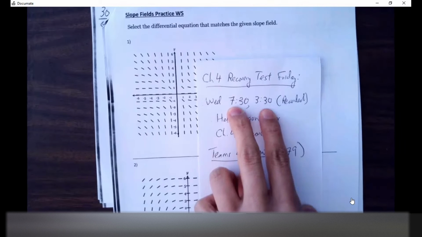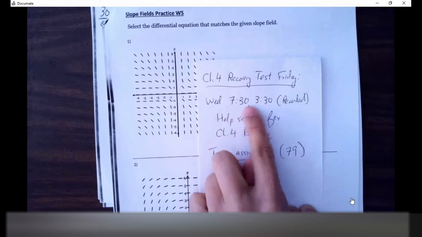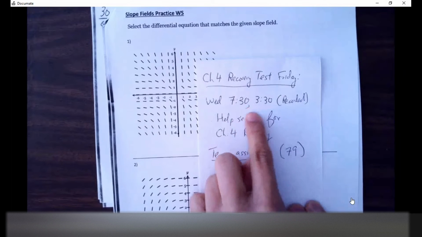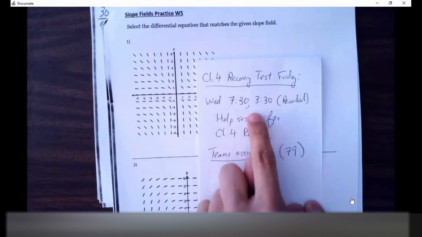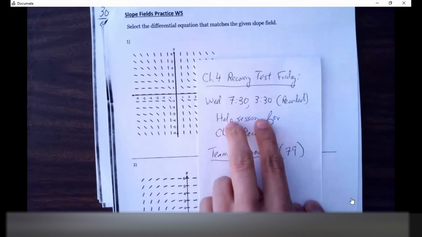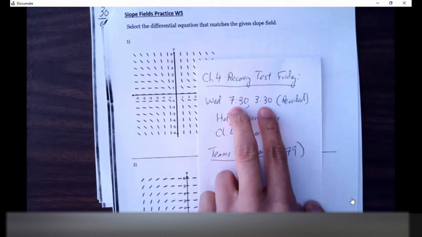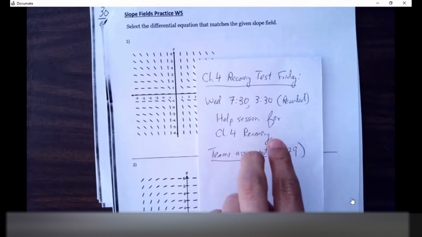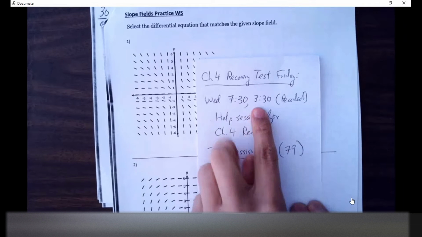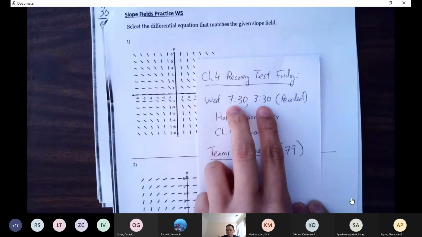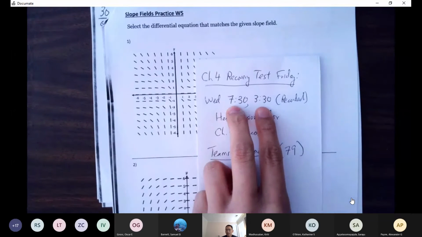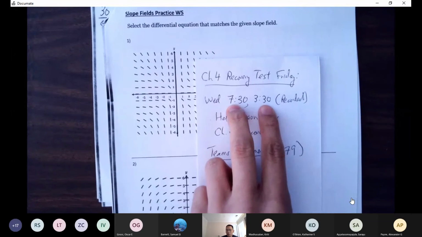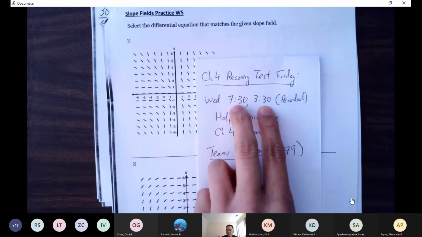So if anyone wants me to go through test-like questions or help you make corrections on your test, I'll give the test details back to you so that you know what you missed. And if you want to attend this session, I can help you answer your questions.